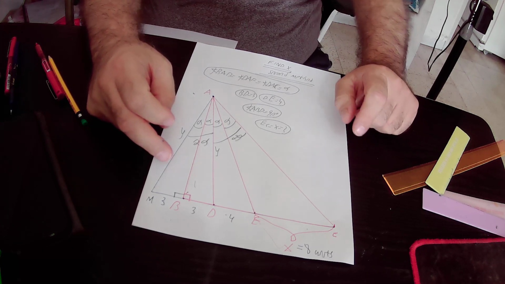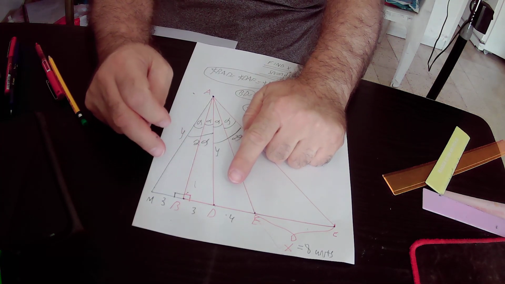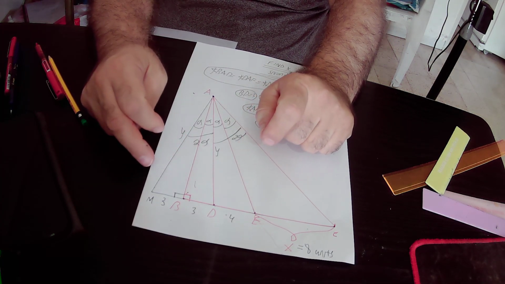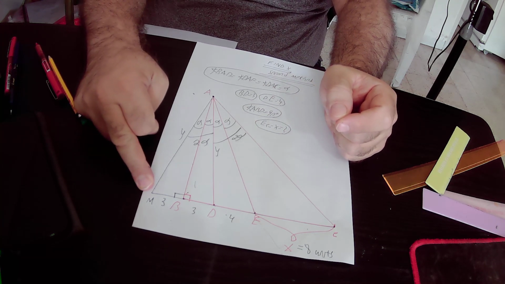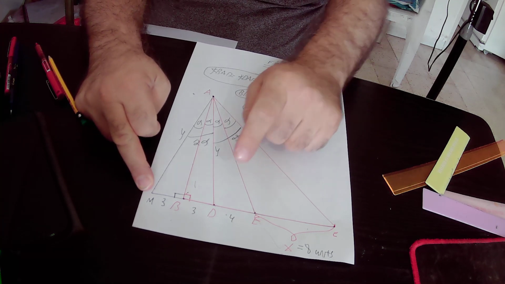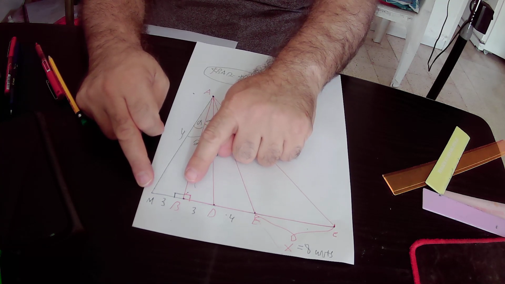We extended side BD by 3 units, and we defined this point as point M. Because we extended BD by 3 units, MB will be equal to 3.